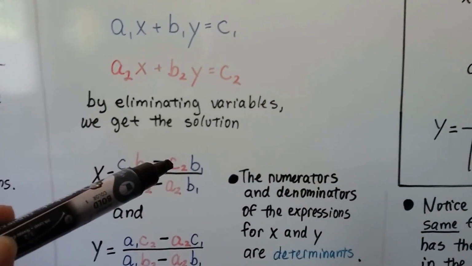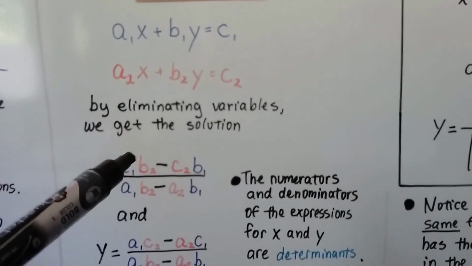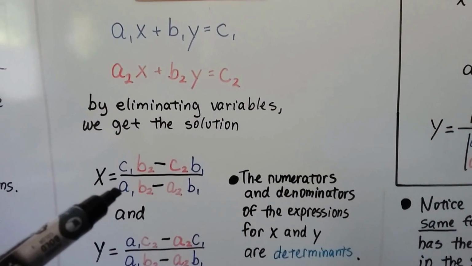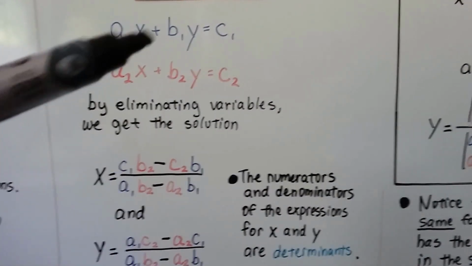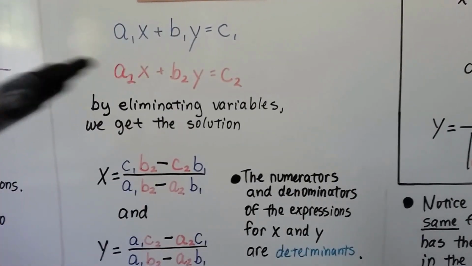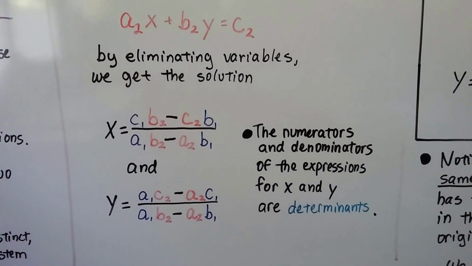Then we take the second c and multiply it by the first b, so we're crisscrossing, and we subtract those values. For the denominator, we take the first a and the second b and get a product, then multiply the second a with the first b and get a product, and subtract those. Now we have our value for x.